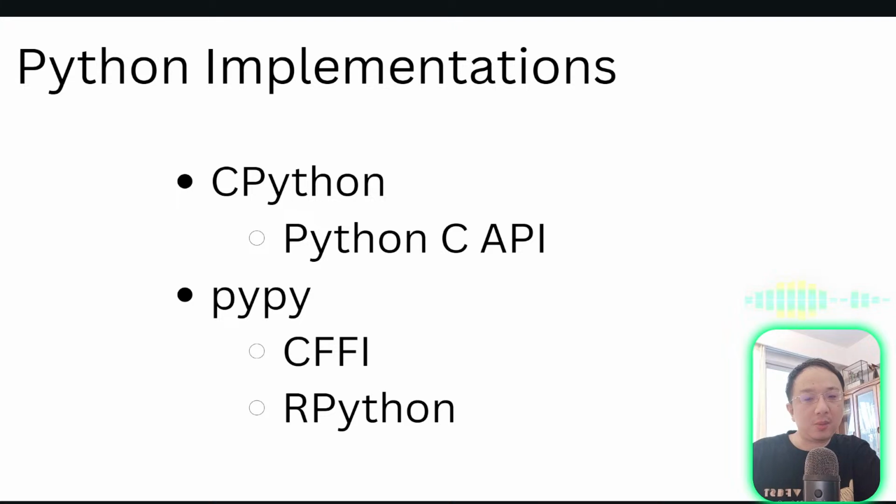Because if you are developing an extension for Python, you definitely need to communicate with the Python interpreter. So by using this C API, you can write a function or a library that can communicate with Python.